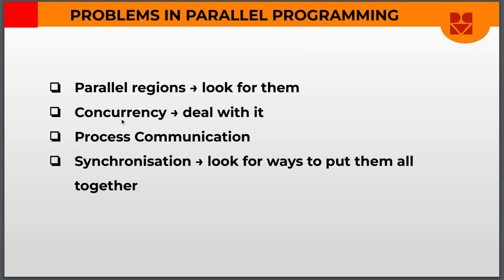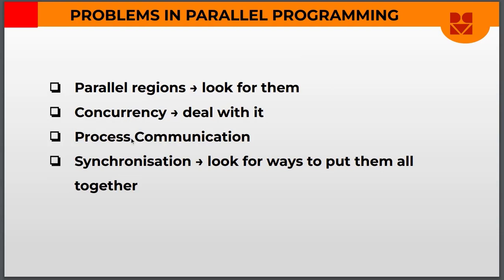So this is the problem of concurrency: how to make sure that the parallel portions run at the same time, and then the serial portion can continue running from there. And then we also have process communication. That's if you are involving multiple processes, how can they communicate with each other?